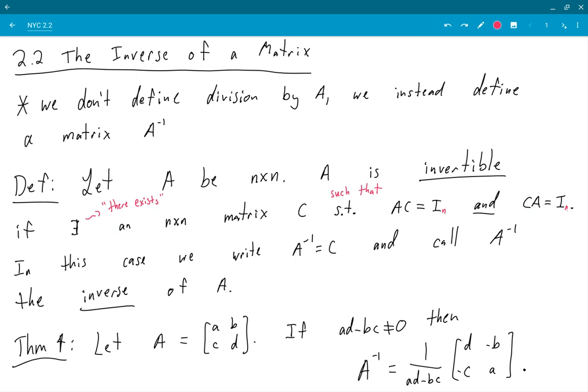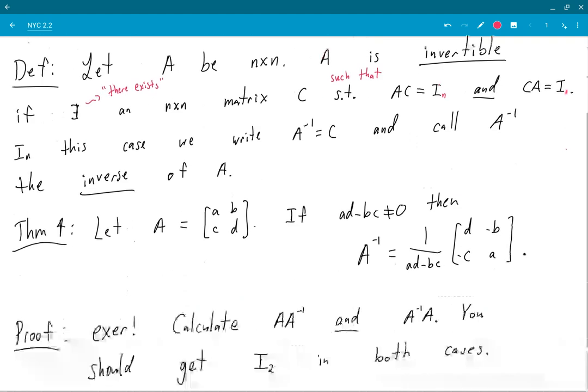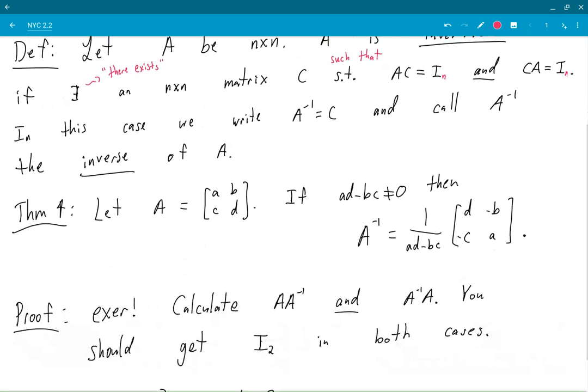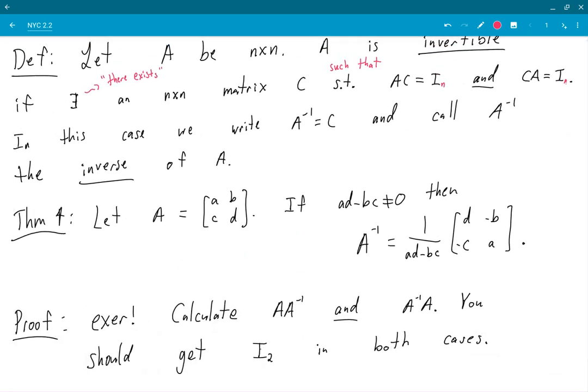Okay, so the inverse of A. In the 2 by 2 case, we have a formula. Doesn't always work, okay? But when it works, it works perfectly. Proof. Pause and copy. I want you to try this.